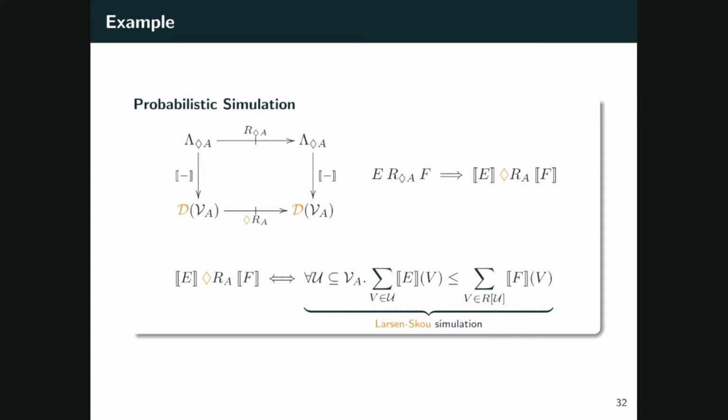We start with two related programs, you evaluate them, you obtain distributions over values, and you require these two distributions to be related by a suitable lifting of the relation. And the lifting, as written here, is just the defining clause of Larsen and Skou probabilistic simulation. And the same pattern can be found in many other examples.